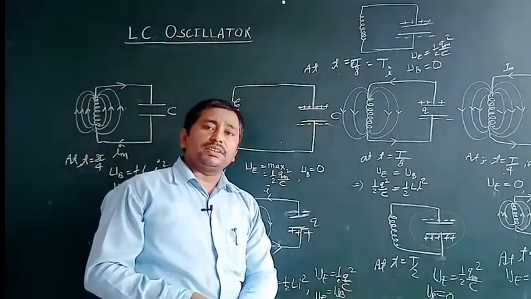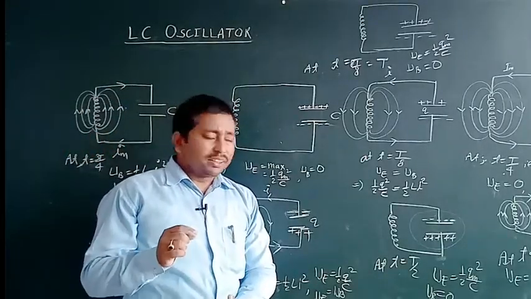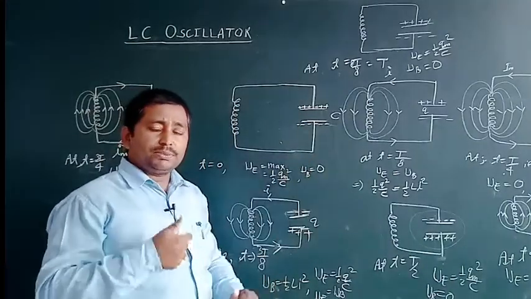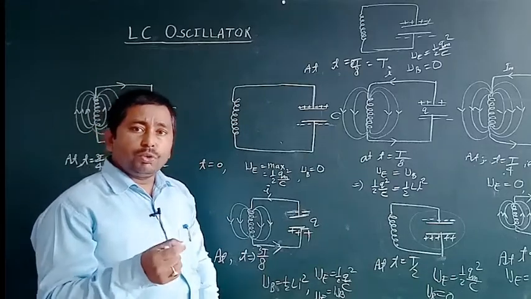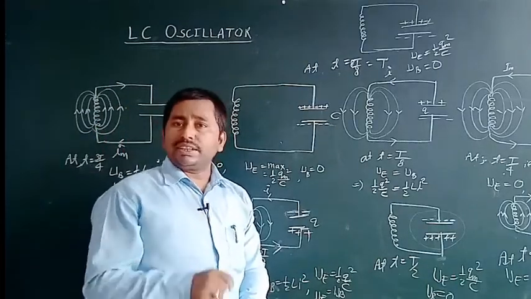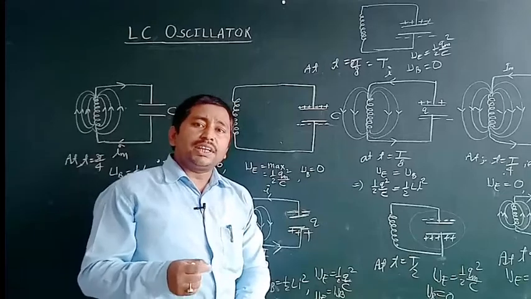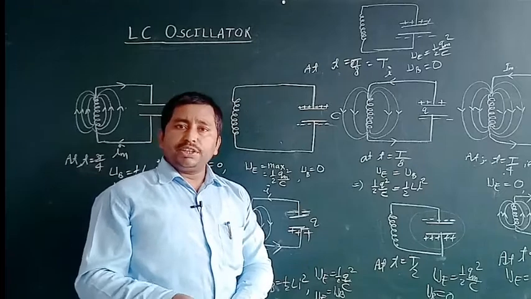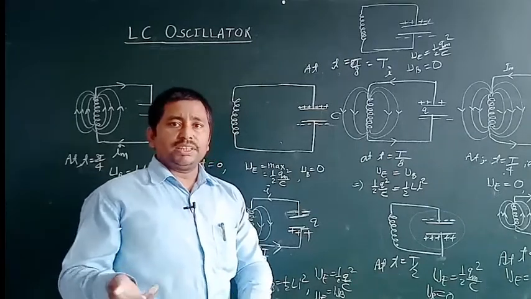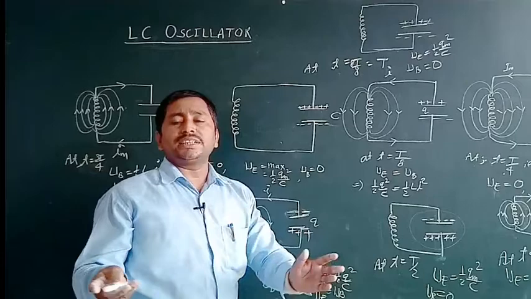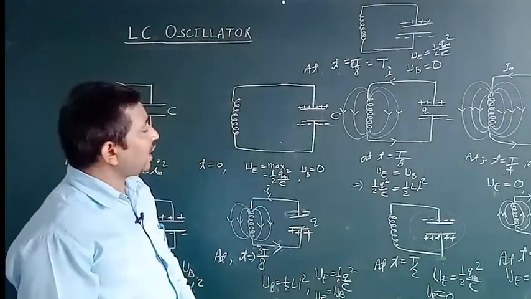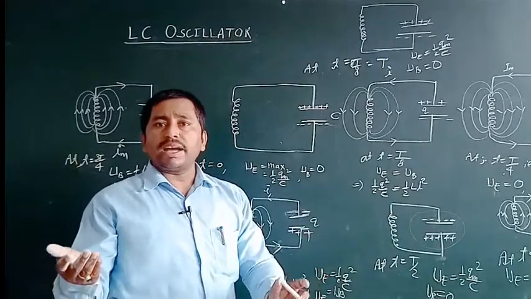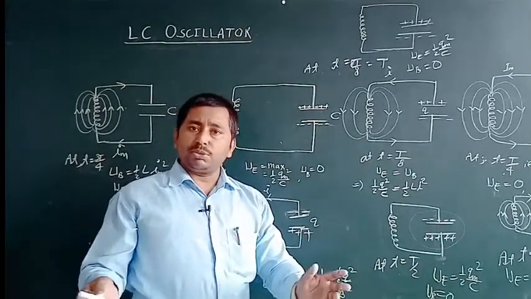Now, as we know, when there is a variation in the current flowing through the circuit, the rate of flow of charge increases or decreases continuously. It means we can say that the charge motion is accelerated, because when dq by dt increases, there is an acceleration present on the charge. As we know, an accelerated charged particle produces electromagnetic waves according to Maxwell's theory of electromagnetic waves.